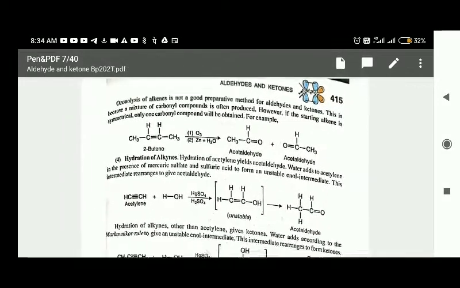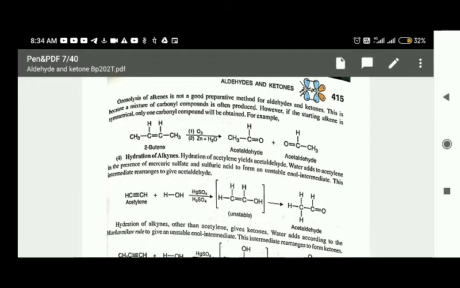Then comes your hydration of alkyne. So a question may be asked in MCQ: alkyne upon treatment with H2SO4 or HgSO4, so what would be the product? Be careful. Hydration of alkyne, so what you are providing? Upon hydration there is OH addition. The addition of OH, hydration, HOH.